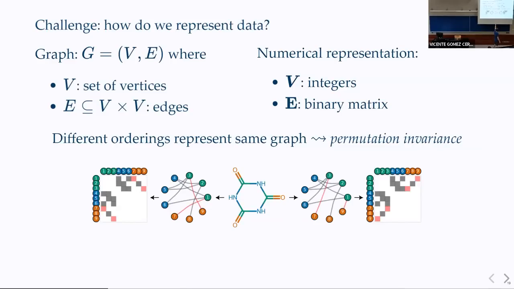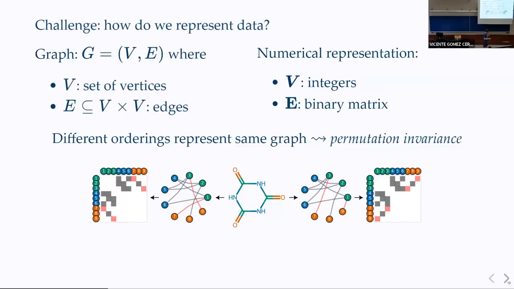Just to illustrate this, one use case for machine learning on graphs is in the design of molecules and computational chemistry. Here we might be interested in taking a molecule and representing it by a graph, maybe with some labels attached to the nodes and other things like this that I'm not going to mention so much. But the point is that here, the ordering between these two edges in particular is different, even though this is the exact same graph.